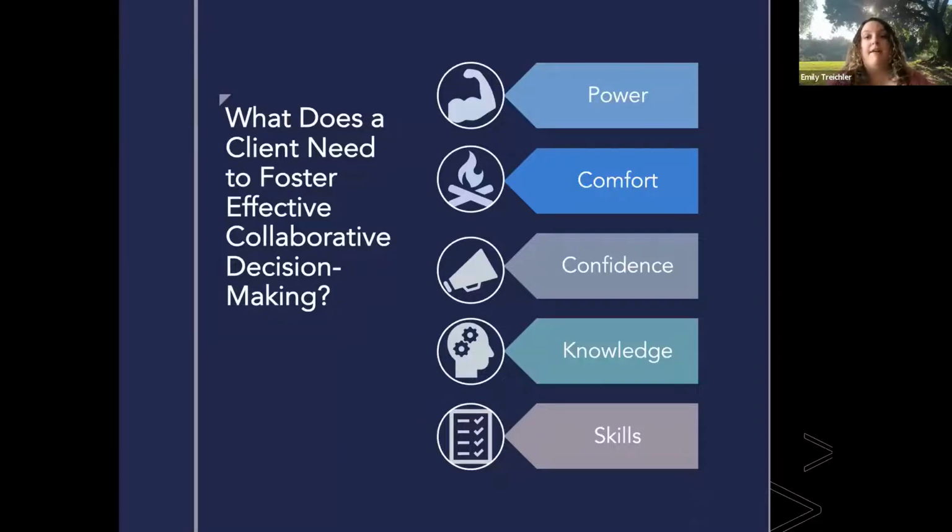Power, so they need to have that real voice, that real choice, the ability to really impact what decision is ultimately made.